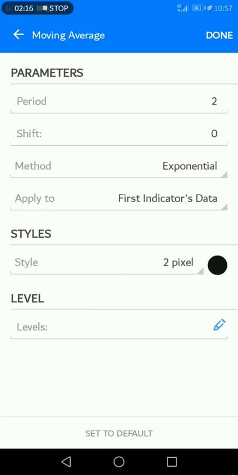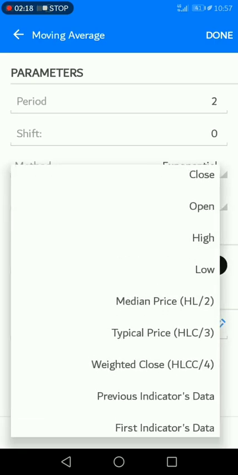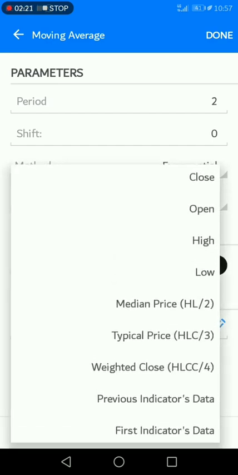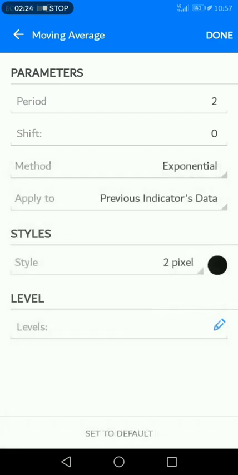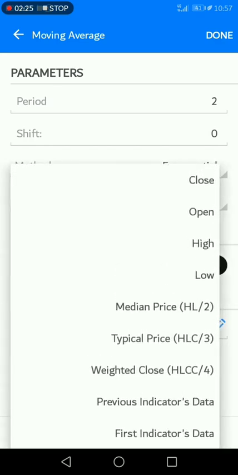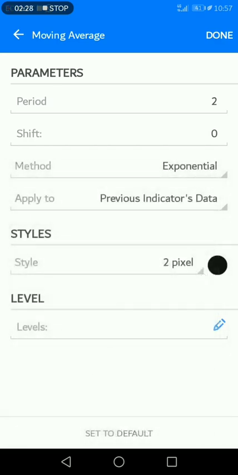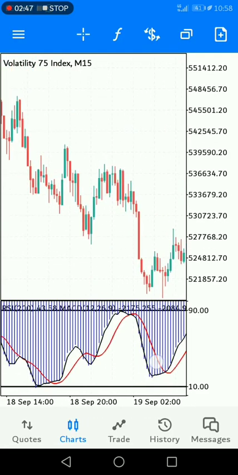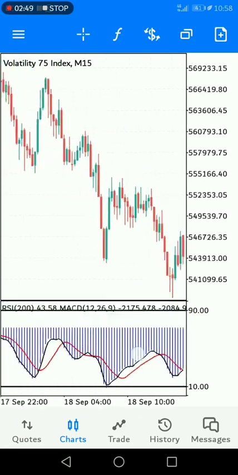I'll put period 2 and apply this to previous indicators data. I want this moving average to go on top of the MACD, so I'll go to previous indicators data. Previous indicators data is the MACD because it is the previous indicator that we placed, and then I will click done. Once I do this, you are going to see these indicators laid out like this.